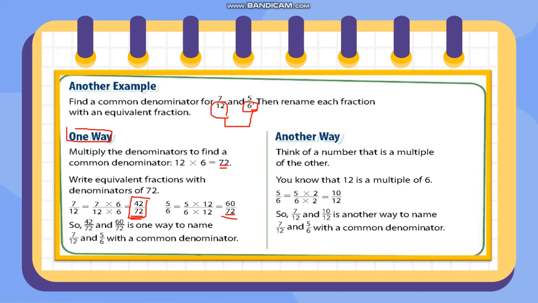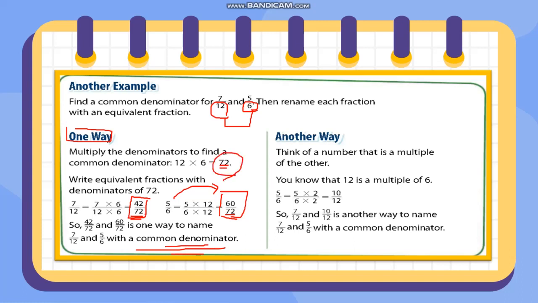Then 5 multiplied by 12 is 60. So the equivalent fraction of 5/6 is 60/72. So 42/72 and 60/72 is one way to name 7/12 and 5/6 with a common denominator. Their common denominator is 72.